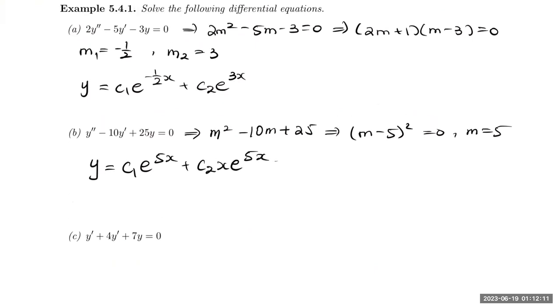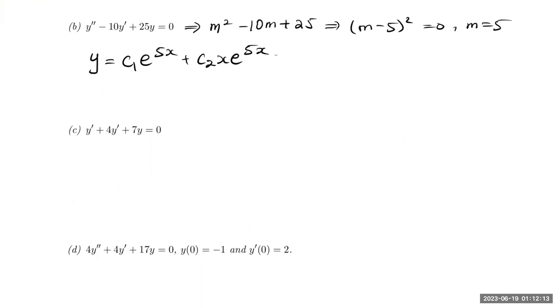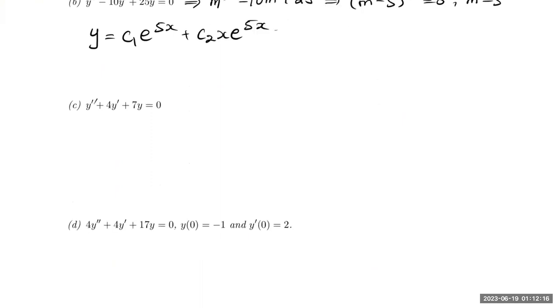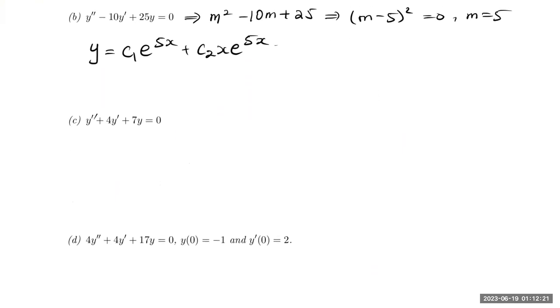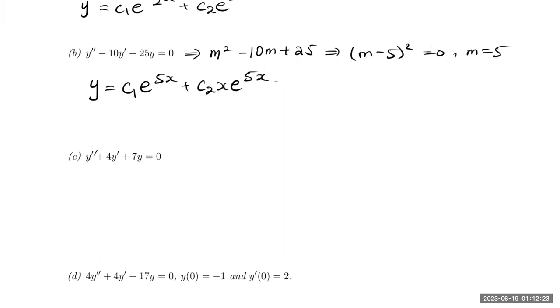Okay, for the third one, we have y'' + 4y' + 7y = 0. Now, if we solve this by using the quadratic formula, our auxiliary equation gives us negative 4 plus or minus the square root of 4 squared minus 4 times 1 times 7, divided by 2.